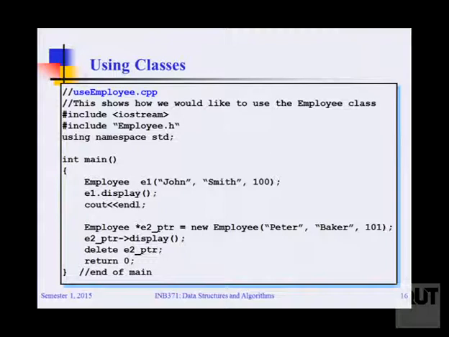If you use standard class libraries that come with the C++ compiler, use the angle brackets. If you use quotation marks like this, that indicates a user-defined class. Whenever you use a user-defined class, whether developed by yourself or by somebody else, you have to use quotation marks rather than angle brackets.